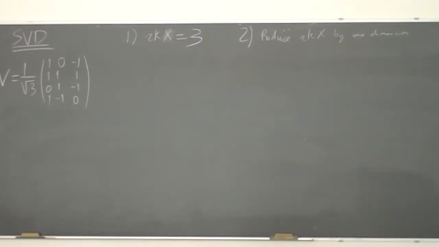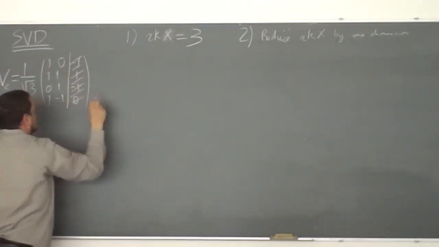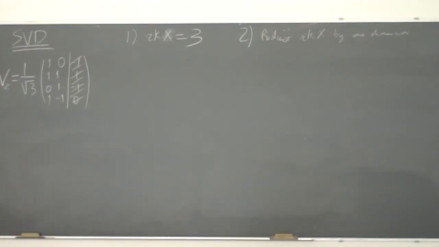Let's call it Sigma 2. U, let's call it U2, only keeps 2 columns. Also V, V2 only keeps 2 columns. Okay, question 2. Reducing the rank is just a matter of cutting away a few things. Now, what's left is the material by which a rank 2 approximation of the original matrix can be obtained.